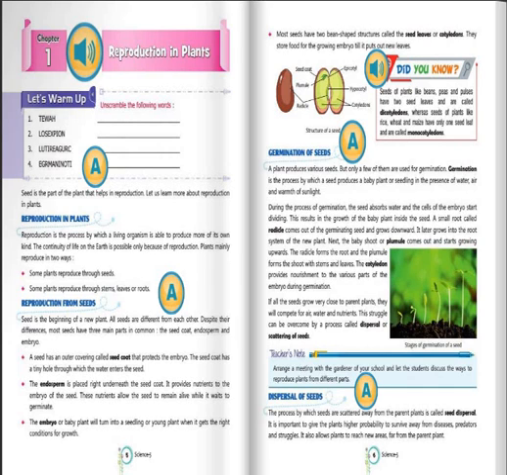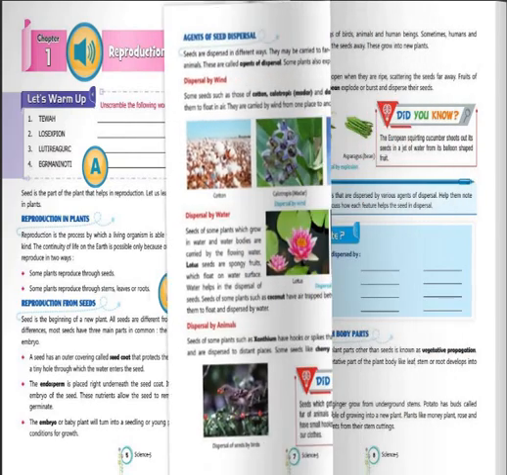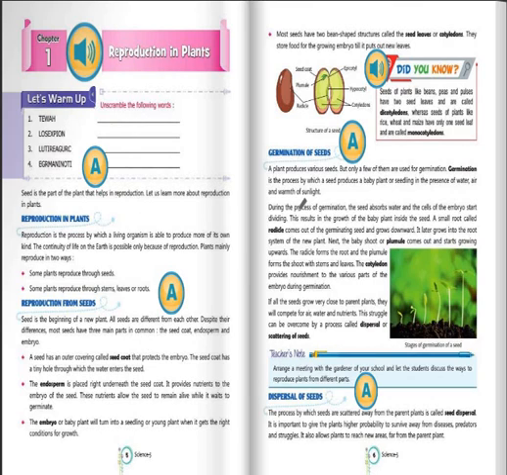A small root called radicle, which I have told you is this part here. This part radicle starts growing towards the earth and later forms the plant's root system, like this.